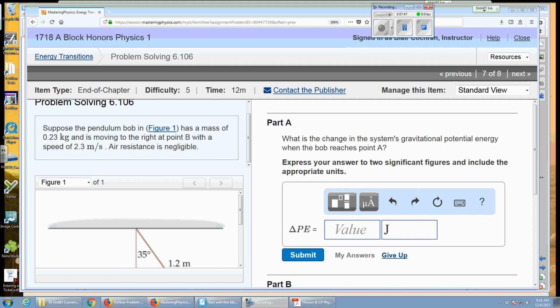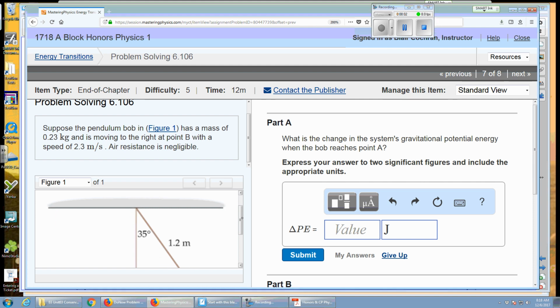All right, number 7. Suppose the pendulum bob in figure 1 has a mass of this and is moving to the right at point B, that's the bottom, with the speed of this.